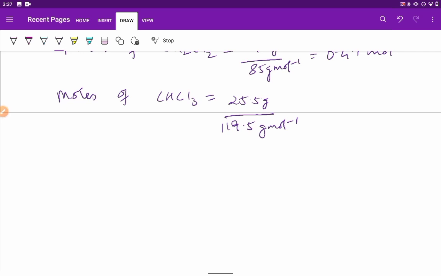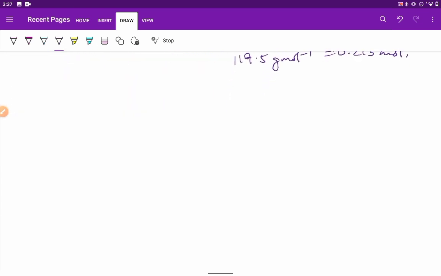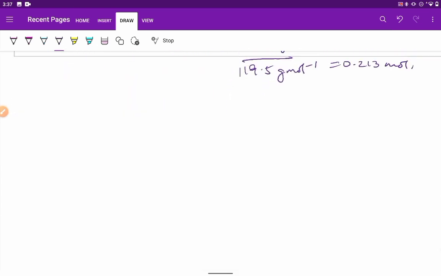This is 0.213 mole. Total number of moles: 0.47 we got plus 0.213, 0.683 moles.